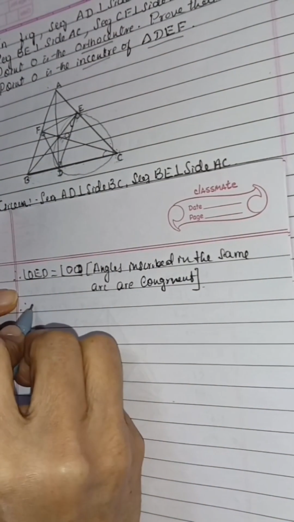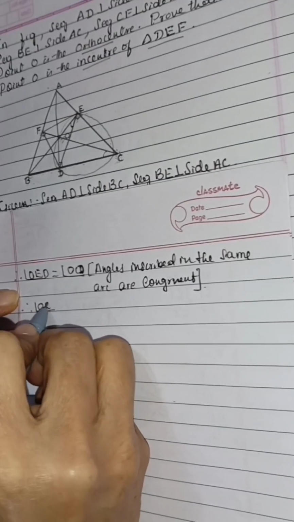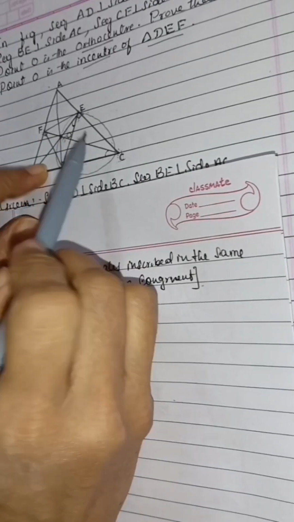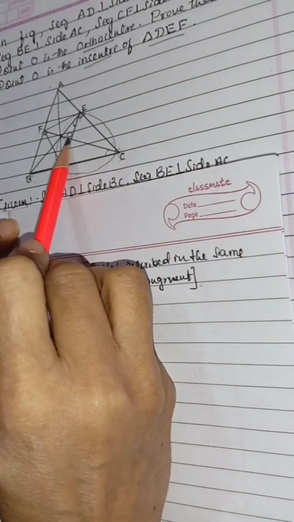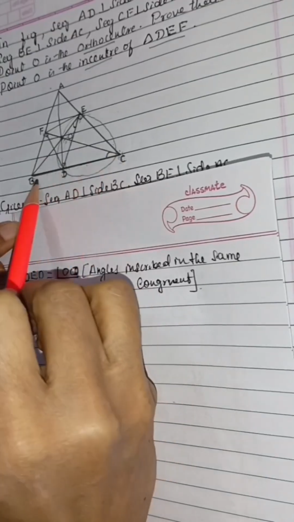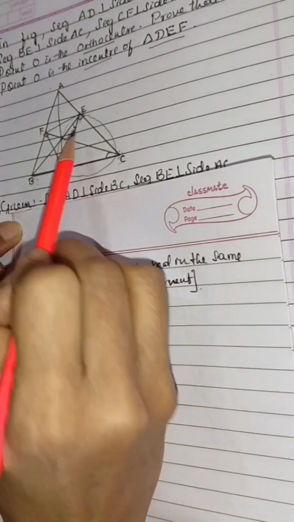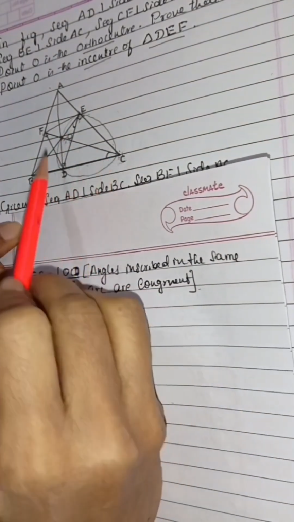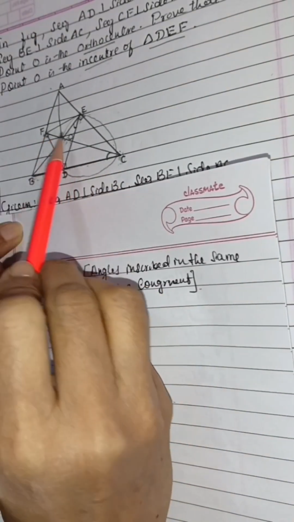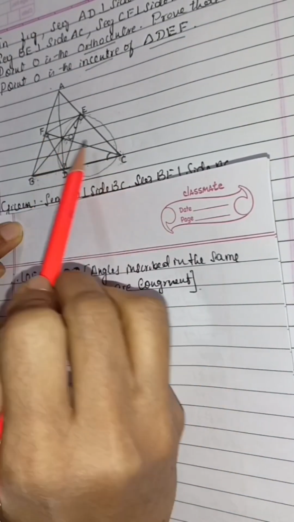Instead of writing OCD, we can write FCB, same angle, because FOC are collinear points.